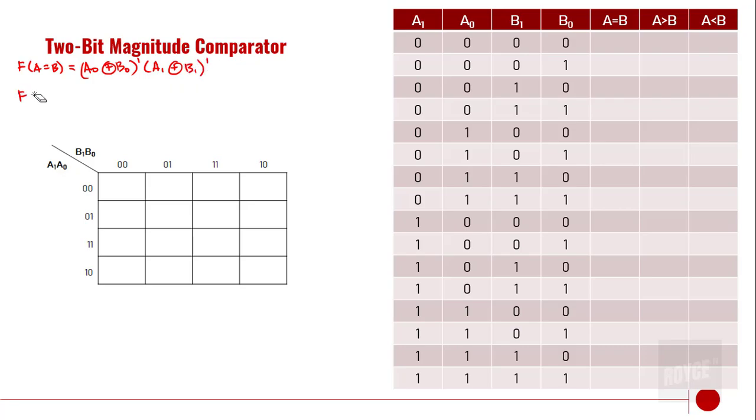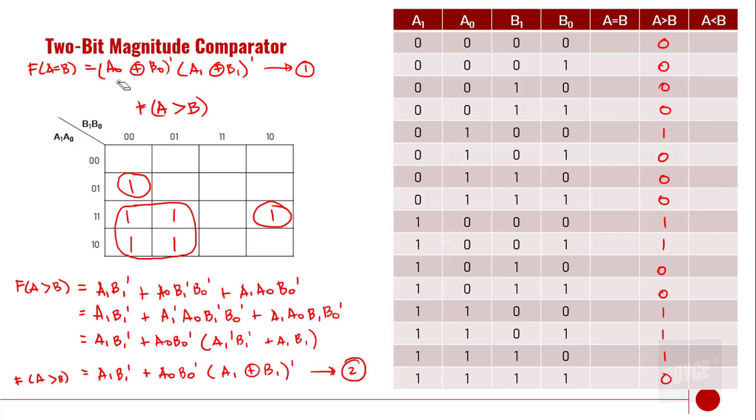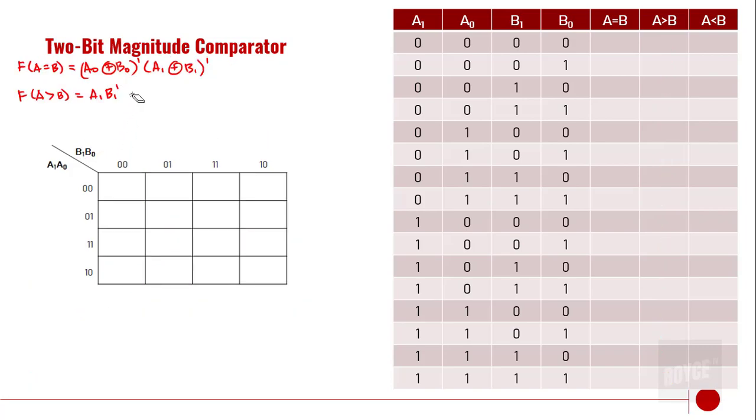And then our second, f of A is greater than B, it is A1 B1 prime, naka-OR sa, sorry, nakalimutan ko, A0 B0 prime, na naka-AND sa A1 XNOR sa B1. So we have our first and second.